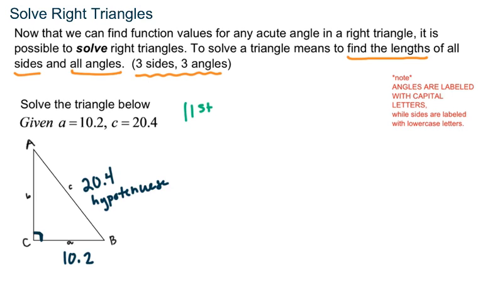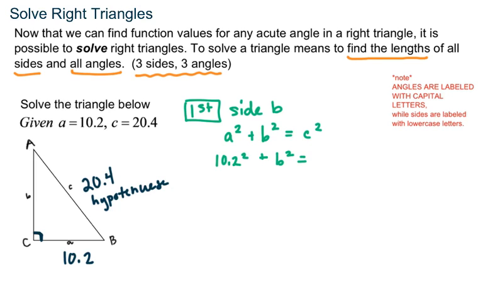Since we're dealing with a right triangle, and we know two sides of it, we can use the Pythagorean theorem, which says the leg squared plus the leg squared equals the hypotenuse squared, or 10.2 squared plus b squared is 20.4 squared.